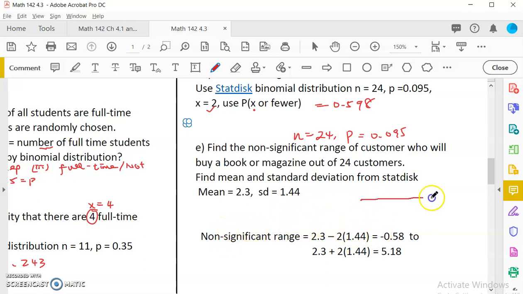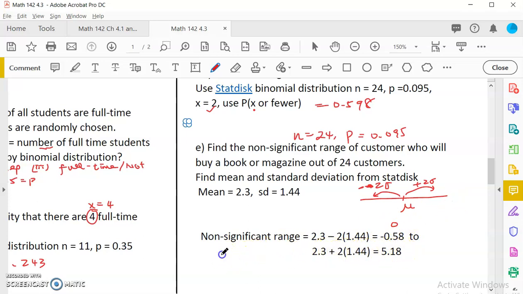It is mean minus 2 standard deviations to mean plus 2 standard deviations. So 2.3 minus 2 times 1.44 is negative 0.58, which doesn't make sense because the lowest number we have is 0. So it's from 0 to 2.3 plus 2 times 1.44, which is 5.18.